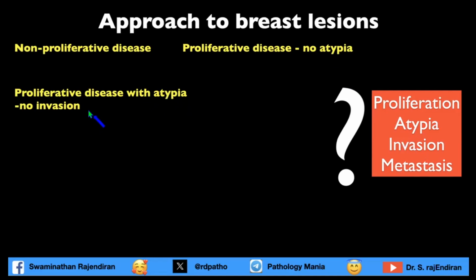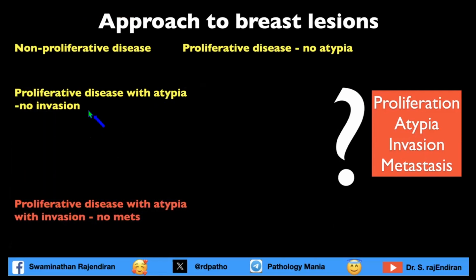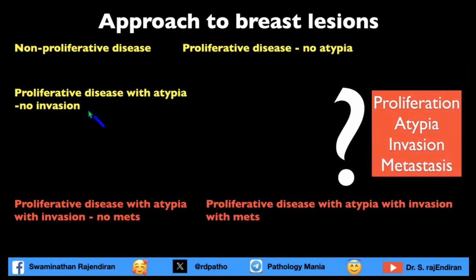So there are 2 possibilities. One is no invasion, and the other one is atypia with invasion but no metastasis. And then you get the proliferative disease with atypia, with invasion, with metastasis. So these are all the 5 main patterns of pathological lesions.